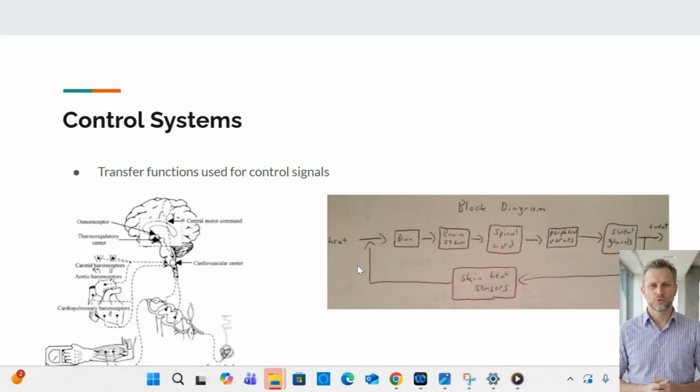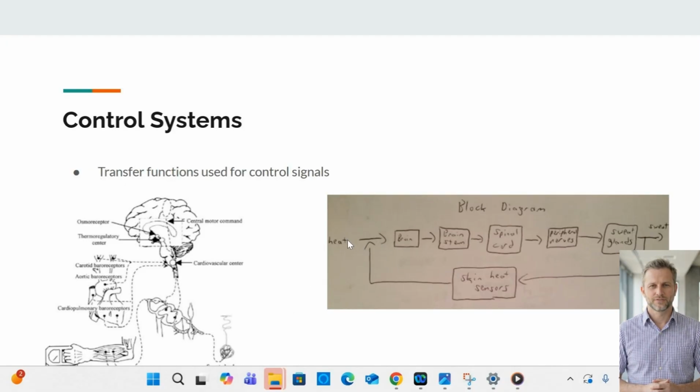Then you also have a control systems class, and they didn't go over this example, but this is a project that I did comparing how, as humans, our cycles for controlling our body temperature are similar to an air conditioning cycle.